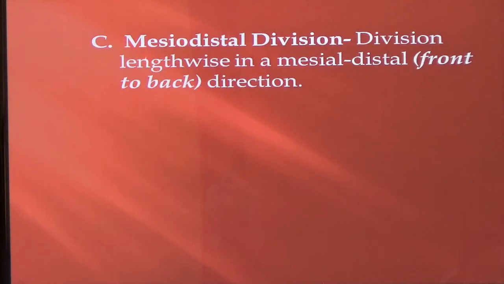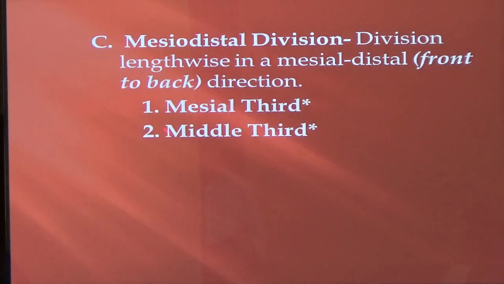Now mesial-distal, what are we going to see? Going from one side of the tooth to the other side. Mesial-distal, so we're going from the front to back. So you've got the mesial third, middle third, distal third.